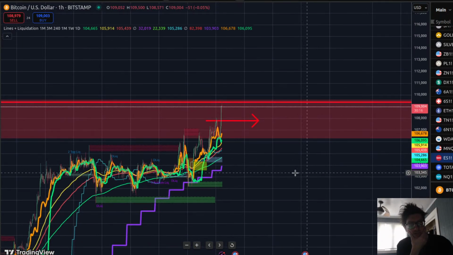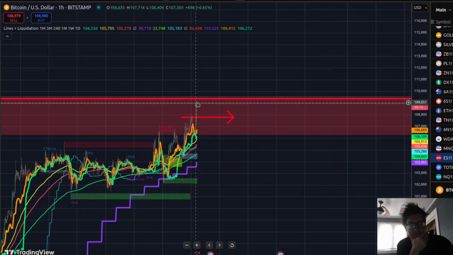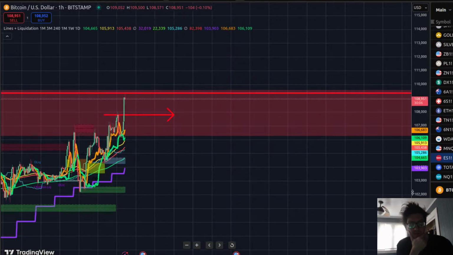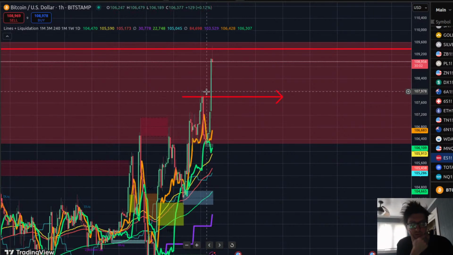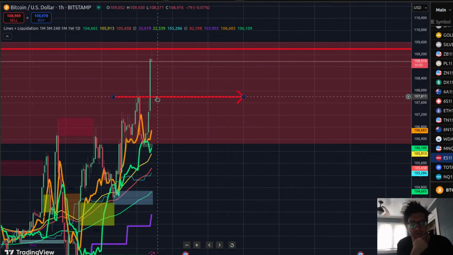Actually, that's pretty likely, for us to make a small correction back down, potentially using this line as support, where these two wicks are, or the tops of these candles, basically.